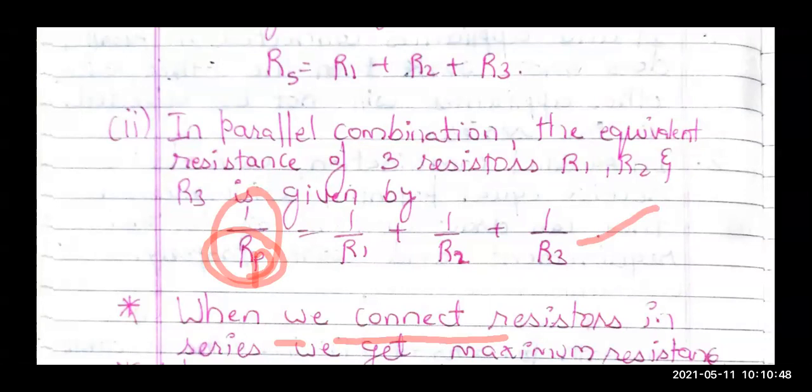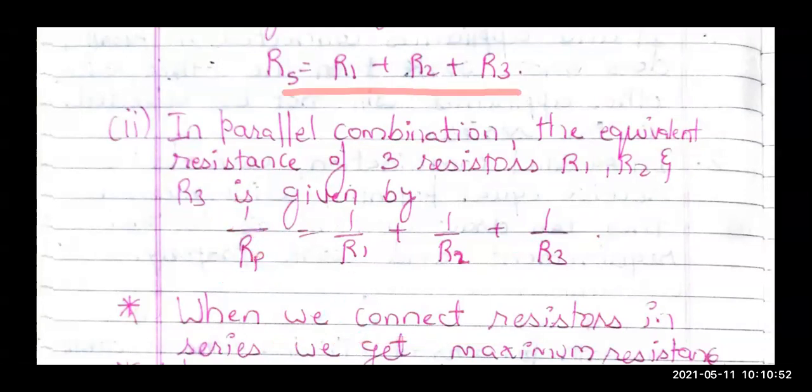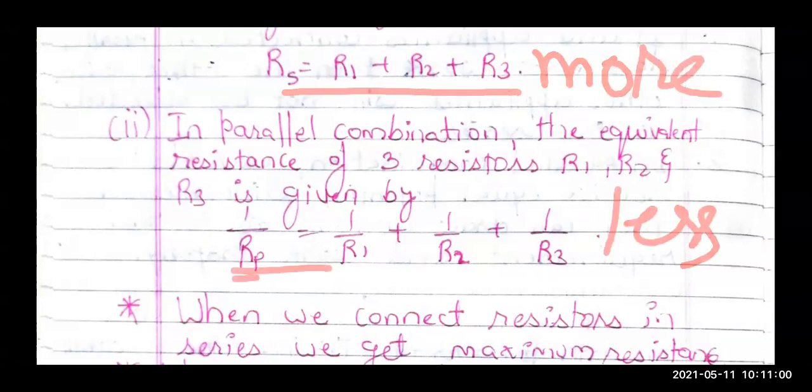Right, children? So if you compare the value of equivalent resistance when they are connected in series, that value will be more as compared to the value of equivalent resistance when they are connected in parallel, right? So in series, you are going to get the equivalent resistance more, and in parallel, you are going to get the equivalent resistance less.